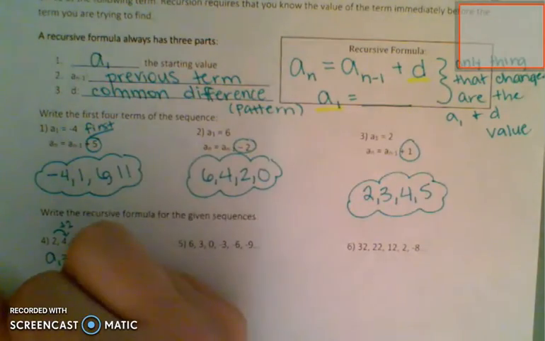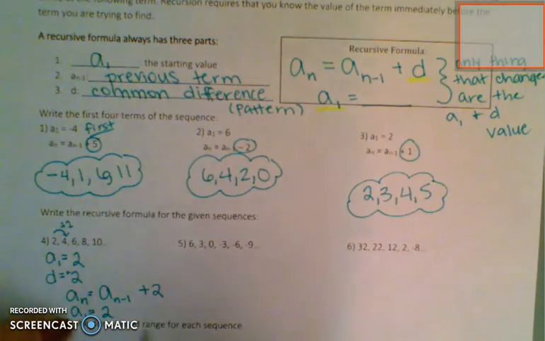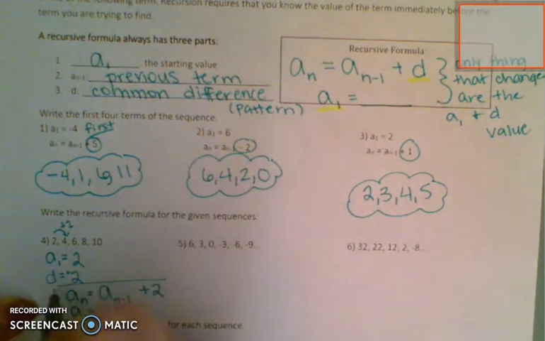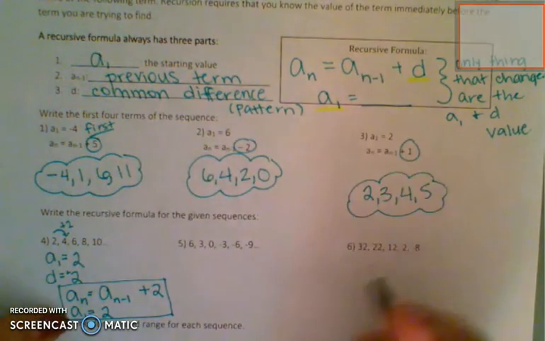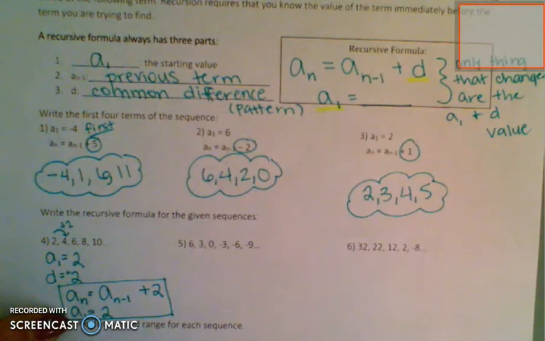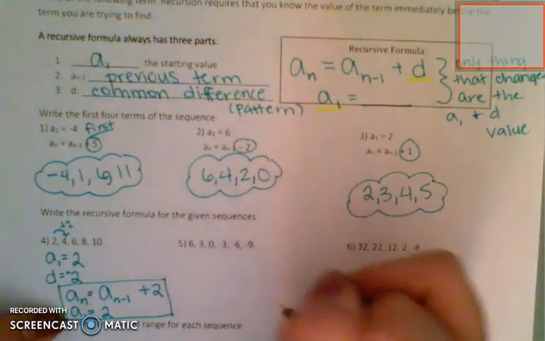And you also have to identify A sub 1 is 2. You have to have this part. All of this is your formula. If you leave off A sub 1 equals 2, you're not done. Okay, so you guys write the formula for number 5.